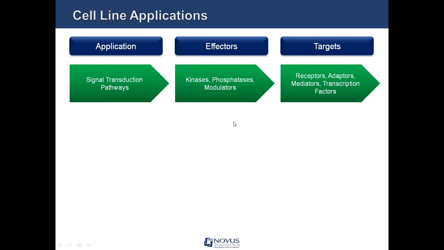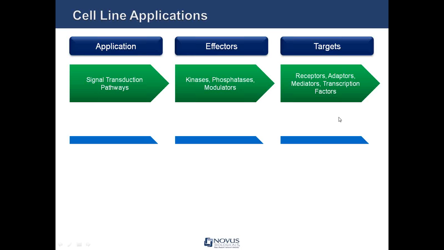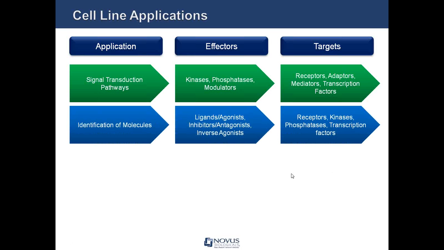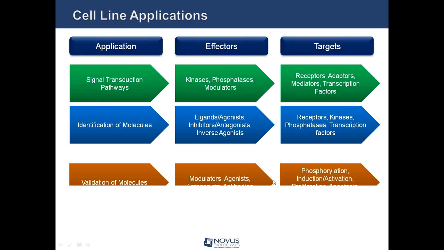The effectors can be kinases, phosphatases, modulators. The targets can be receptors, adapters, mediators, transcription factors. You can identify molecules such as ligands, agonists, inhibitors or antagonists, or inverse agonists. The targets can be receptors, kinases, phosphatases, transcription factors.